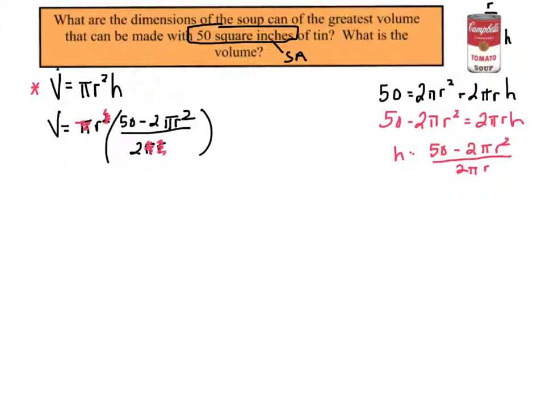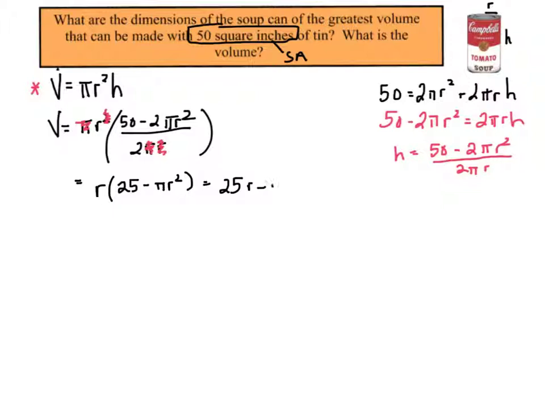And then you take a look inside these parentheses. All that's left on the denominator is a 2. So 50 divided by 2 is 25. 2 pi r squared divided by 2 is just pi r squared. So I can write this as r, I'll leave that out for a moment, times 25 minus pi r squared. Now multiply the r in.